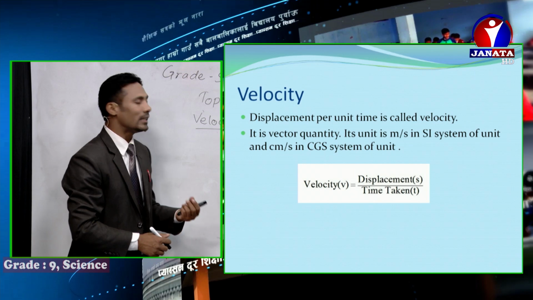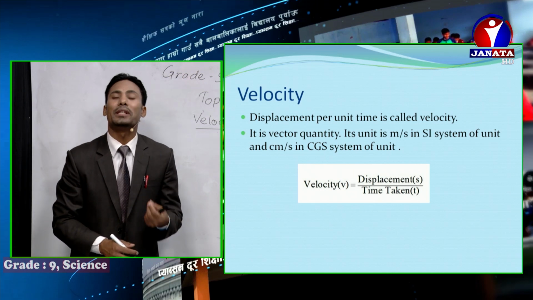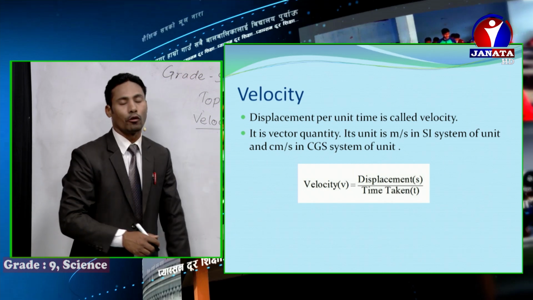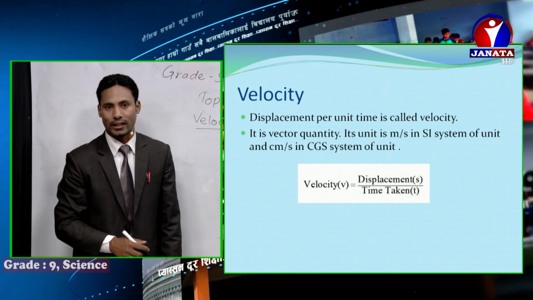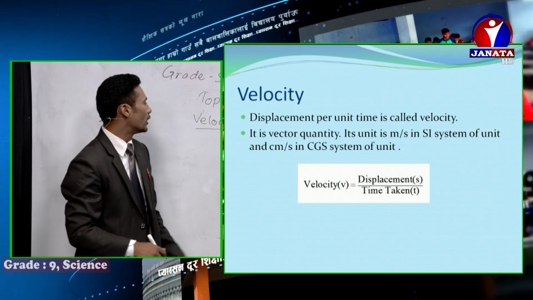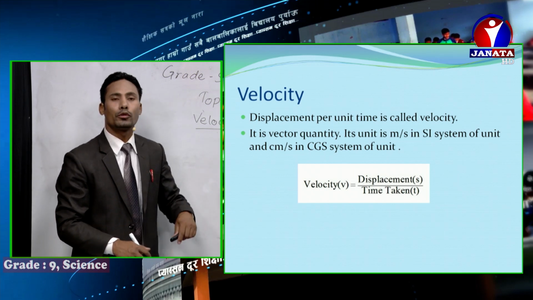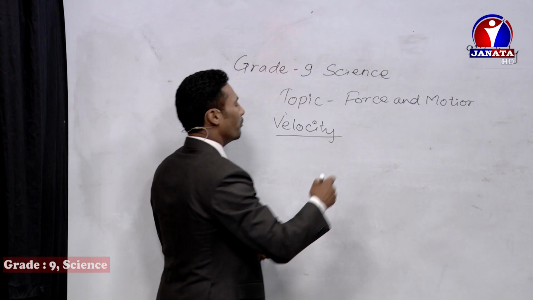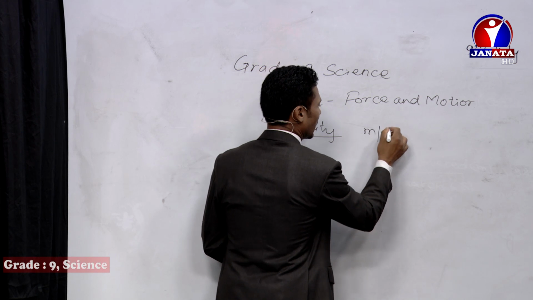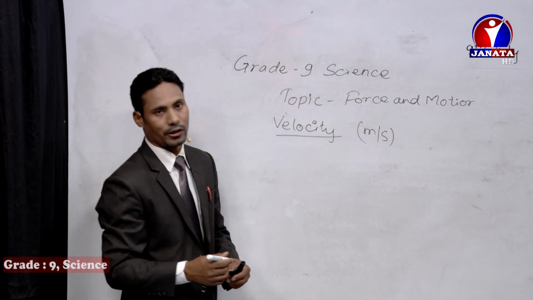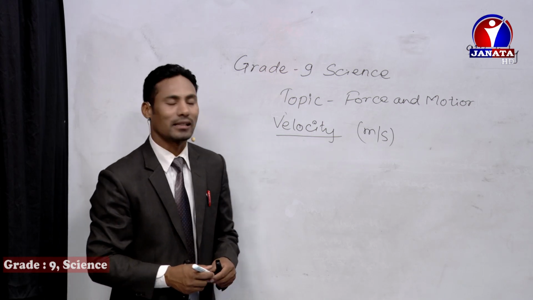This velocity depends upon displacement, which is a vector quantity. That's why velocity is also a vector quantity. We measure this in meter per second in the SI system of units, whereas centimeter per second can be used in the CGS system.